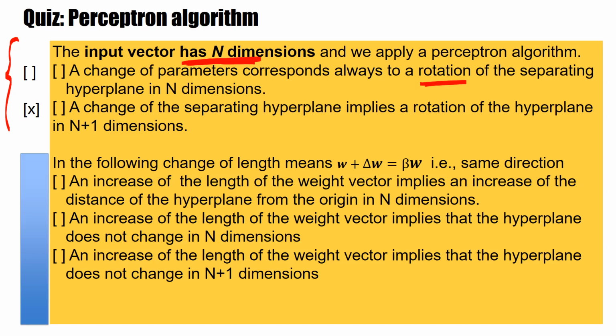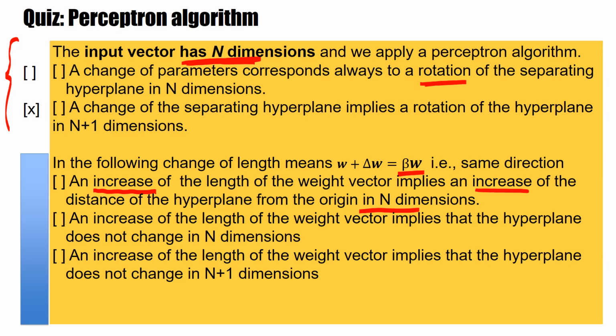Now let's look at the second block of questions. In the following, I mean a change that does not change the direction. It just makes the weight vector longer or shorter. And so in this setting, you do an update that changes the length of the weight vector. The first claim is an increase of the length of the weight vector implies an increase of the distance of the hyperplane from the origin in n dimensions.